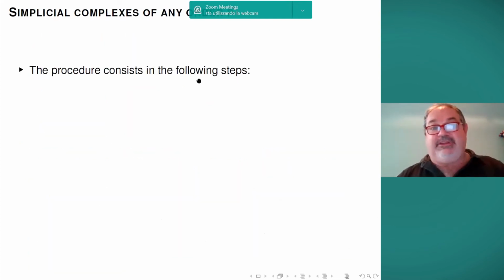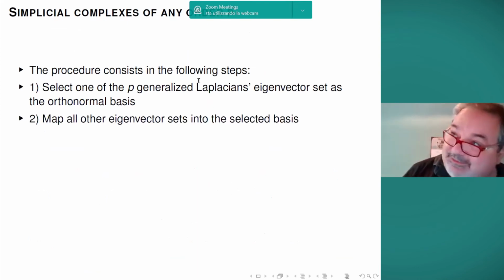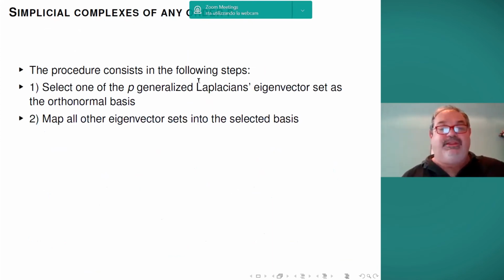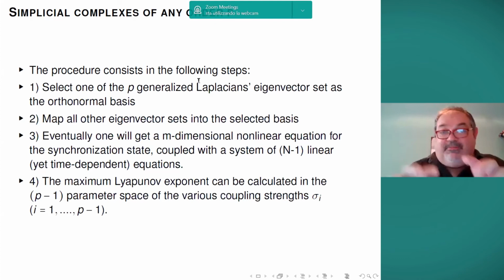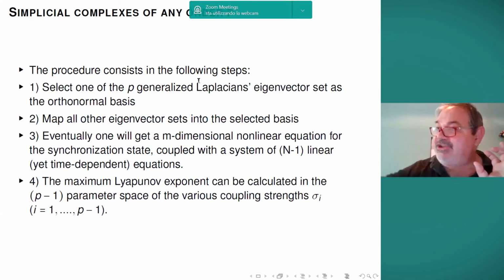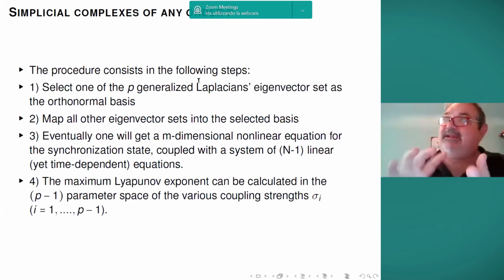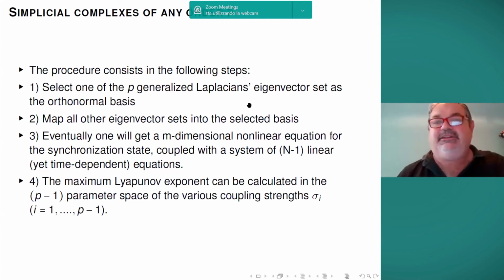The same holds if you take any order. The procedure is the following. You select one of the P generalized Laplacian eigenvector sets. You map all the other eigenvector sets into the one you have chosen, and you get an m-dimensional nonlinear equation for the synchronization state coupled with a system of n-1 linear equations, because each one of the functions representing many-body interactions will be mapped with the corresponding unitary coefficients that map the basis into the basis of the Laplacian you have selected.